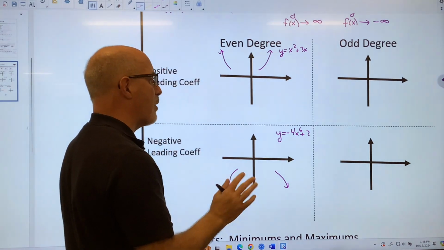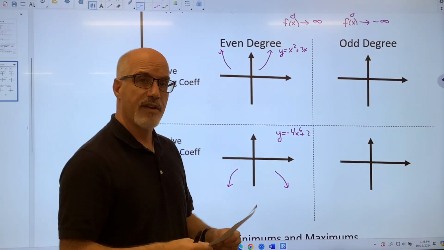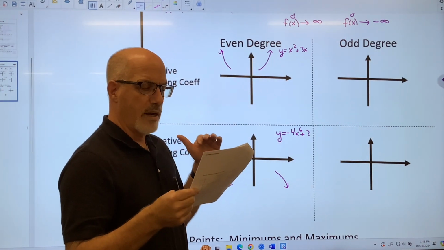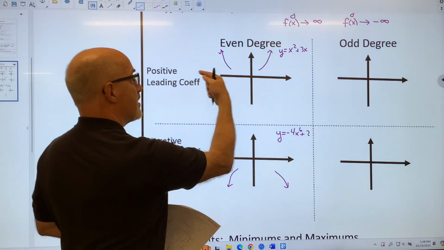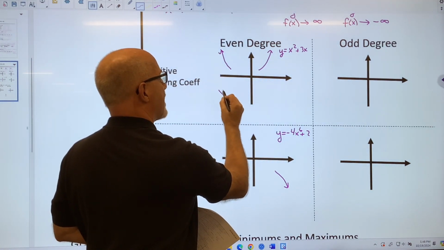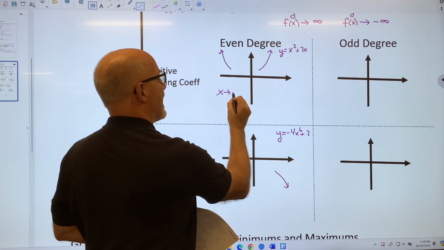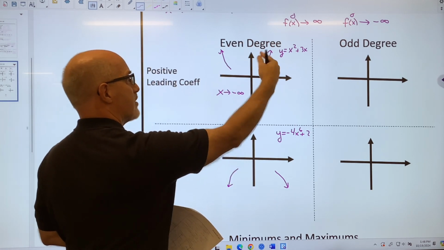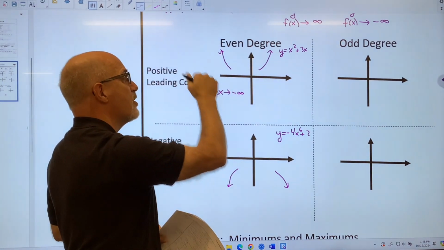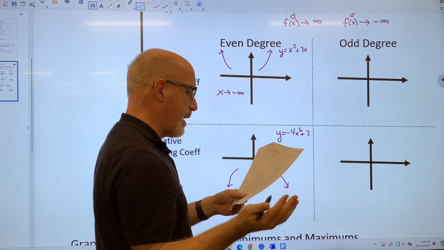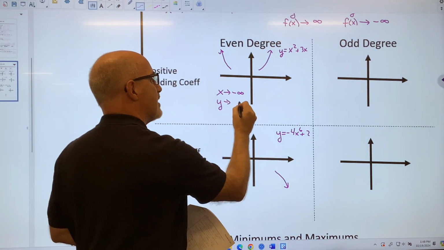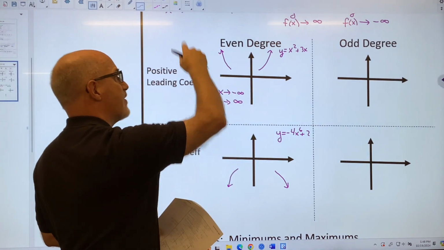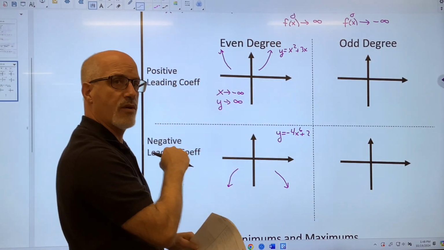Now let's talk about what that means in terms of writing out our end behavior that we just talked about. So going to the left here, this means that x goes to negative infinity for this part because it's going to the left. What's happening to the y? Well, the y is going, in this case, to positive infinity when we have a positive leading coefficient.